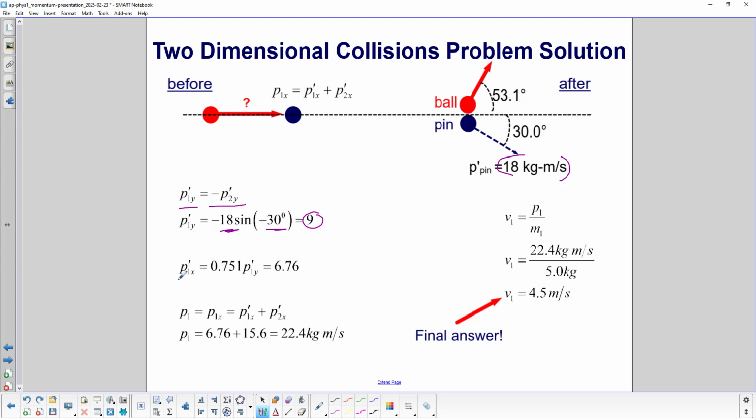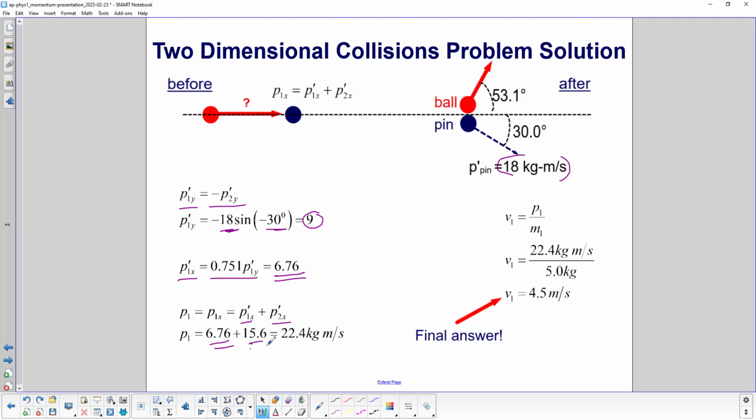We can then find P'1x, which we solved on a previous slide, which is 0.751 P'1y, and that is 6.76. Almost done. P1 is equal to P1x, which is now equal to P'1x plus P'2x.